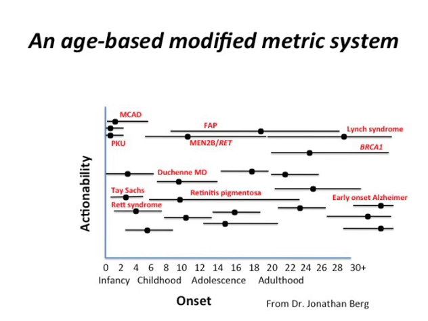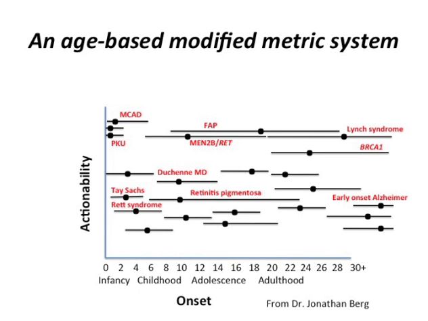Then there are adult onset medically actionable conditions, things such as Lynch syndrome, another type of familial colon cancer, and breast cancer genes. So not something that we'd be concerned about in children, but that would be important to know about in adulthood.